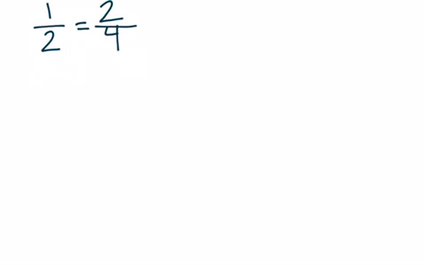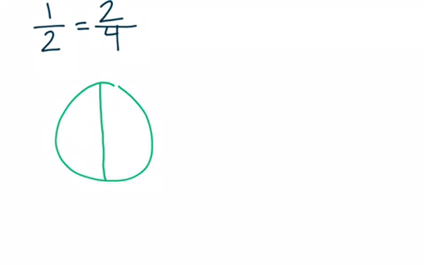I wonder if there's another way I can partition my circle to make it equivalent to 1/2. If we were to do eighths, how many eighths would be equivalent to 1/2? Well, let's see. Count with me.